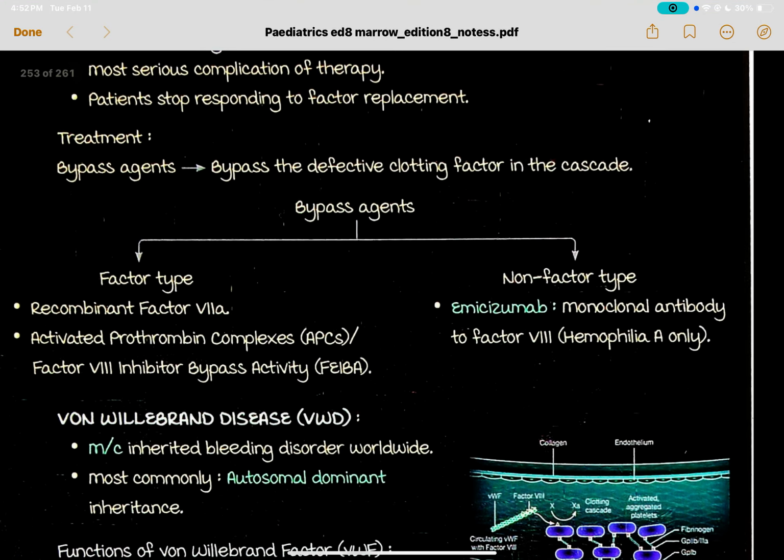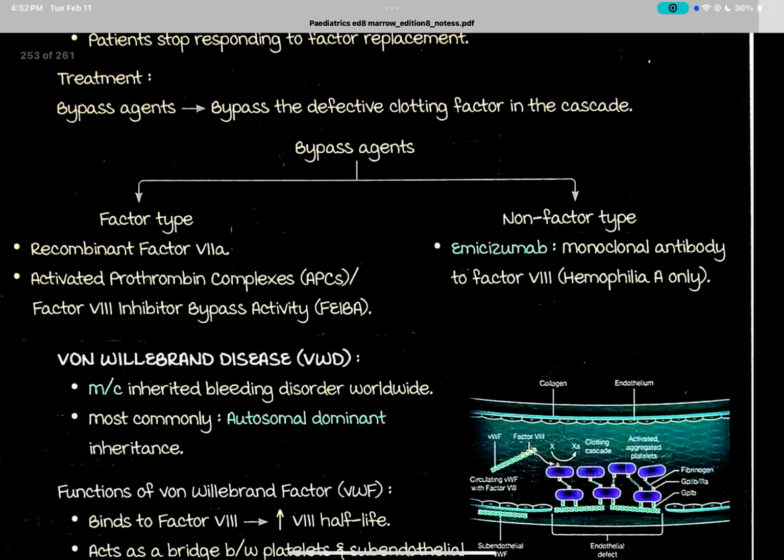Treatment: bypass agents bypass the defective clotting factors in the cascade. Bypassing agents, factor type: recombinant factor 7A, activated prothrombin complexes, or factor 8 inhibitor bypass activity, FIBA.